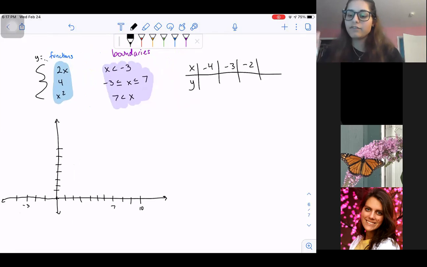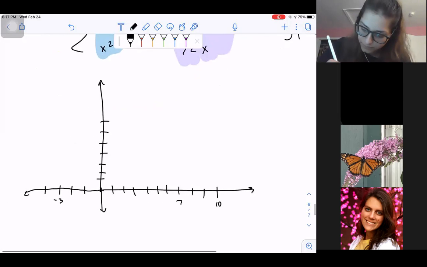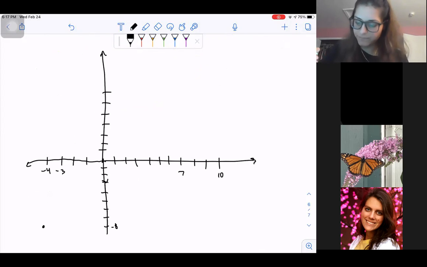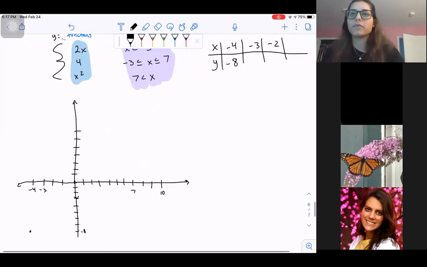If I plug in -4, out of these 3 functions, I'm going to use the first function, because the boundary tells me that -4 is less than -3, so we use 2x. 2 times -4 gives us -8. Then we plot -4, -8: 1, 2, 3, 4, 5, 6, 7, 8, so right around here. Okay, that's one point.